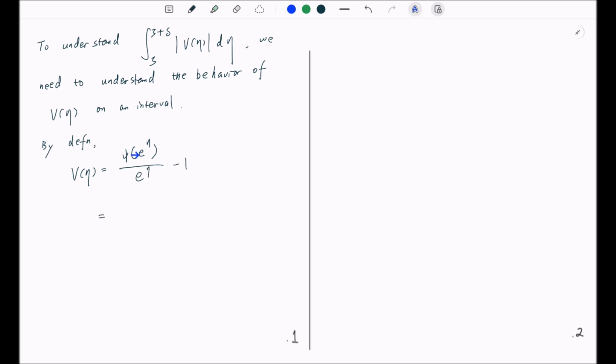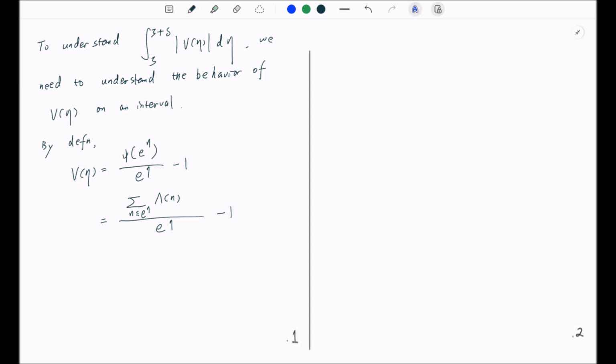And psi of e to the eta is defined as the summation of lambda of n's for n less than or equal to e to the eta. And recall, this lambda of n is equal to log of p if n is a non-trivial power of p. Otherwise, it is 0. Now let's see the monotonicity of the function v of eta.